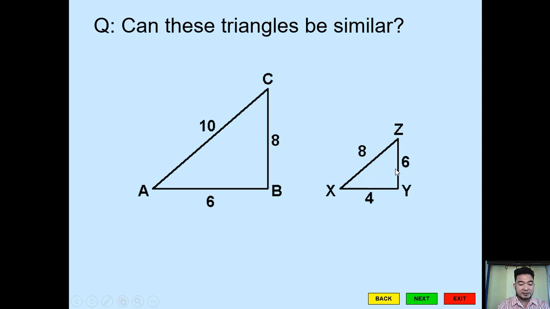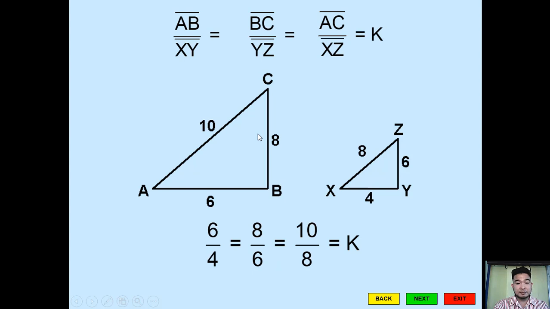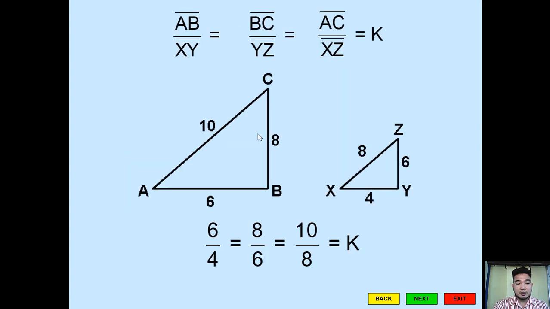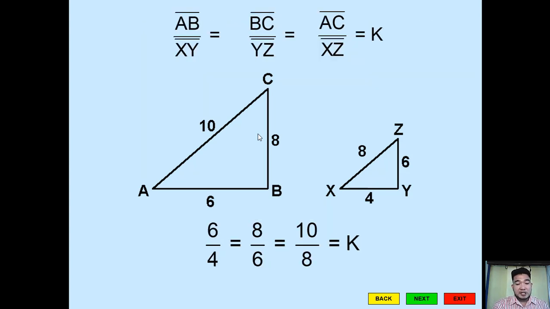Then 8 divided by 6 is 1.33. So you will have 6 over 4 equals 8 over 6 equals 10 over 8 equals K.